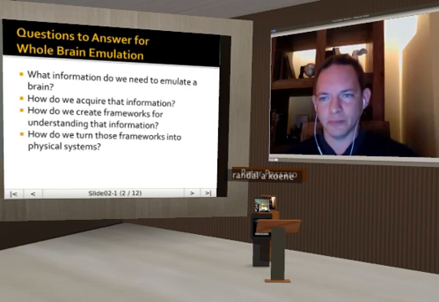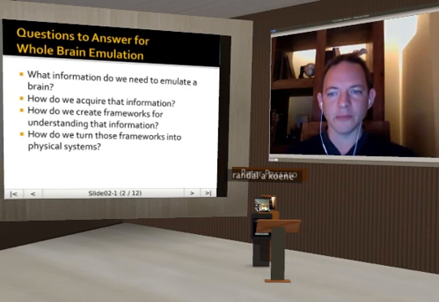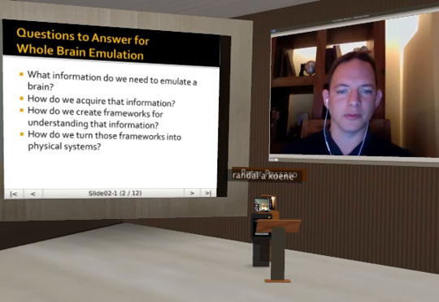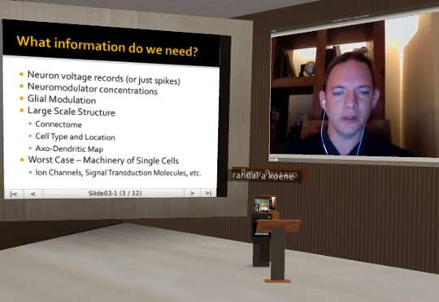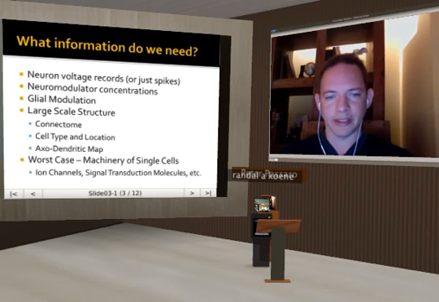And then we want to actually implement this as a model, as a system that we can exist in as an alternative substrate. So how do we turn those frameworks into physical systems? So these 4 questions form for me the way to think about how to experimentally attack these problems we're talking about. All right, so what information do we need?